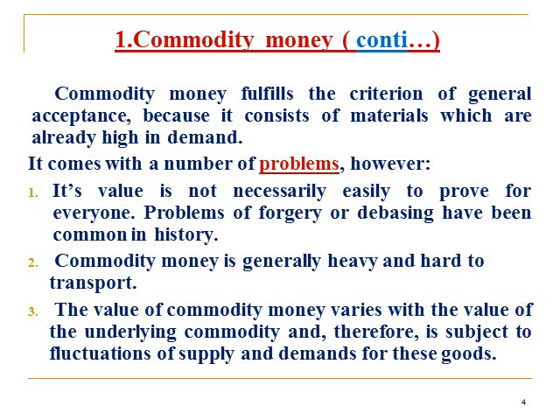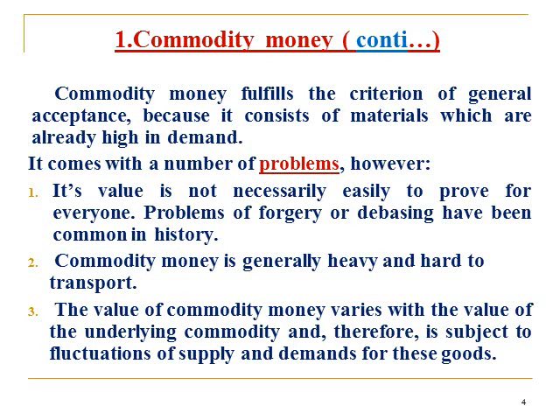The problem number 2, commodity money is generally heavy and hard to transport. A large amount of money from silver or gold is very heavy and hard to transport.